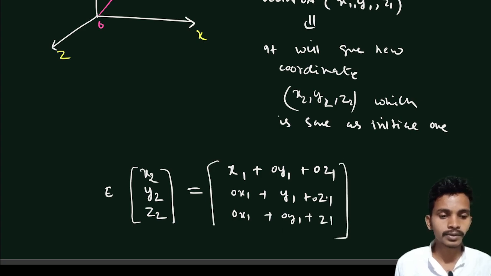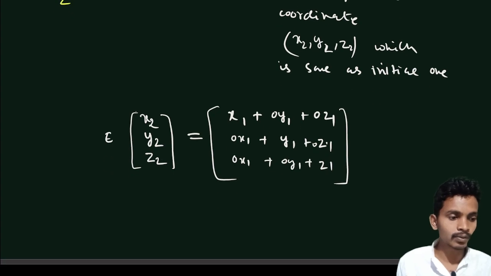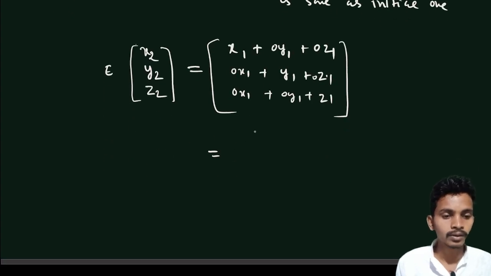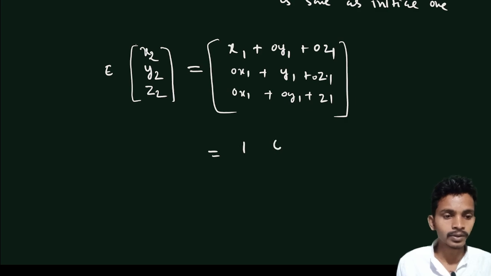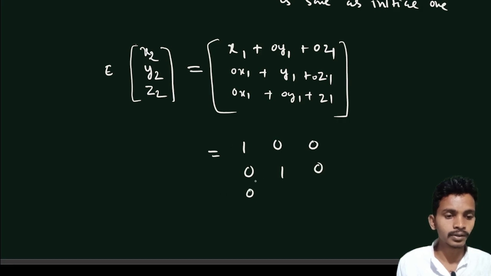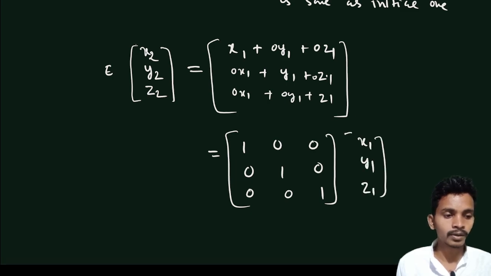This is equal to the matrix with rows 1 0 0, 0 1 0, 0 0 1, multiplied by x1 y1 and z1, and this gives rise to x1 y1 and z1, meaning the same coordinates are returned. So after operating on the coordinates, we get the same.